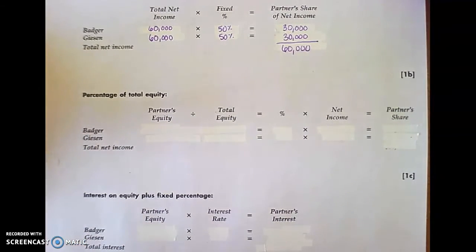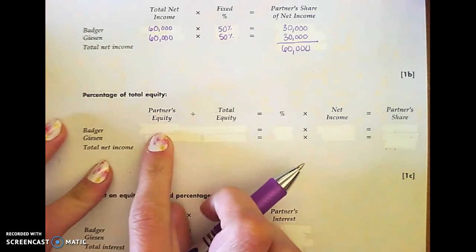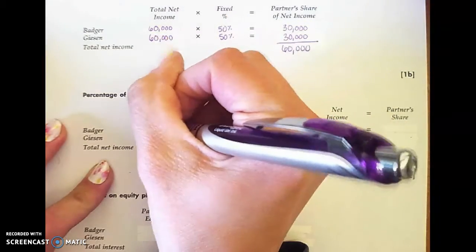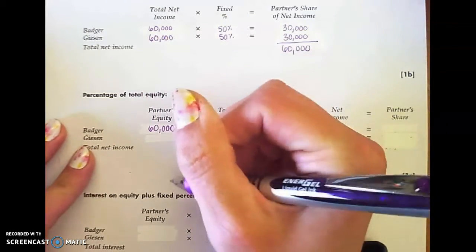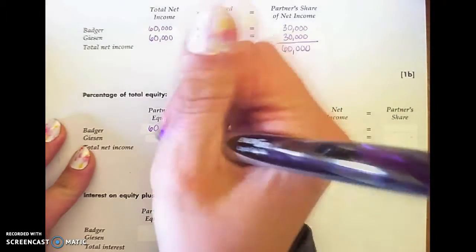In step 1B, it says each partner receives a percentage of net income based on a percentage of total equity. So in the paragraph on top, it tells us how much each partner's equities are. So Scott Badger, he has 60,000. So Badger's partner's equity is 60,000. This is like what's in their capital account. And Maxine, she has 90,000.